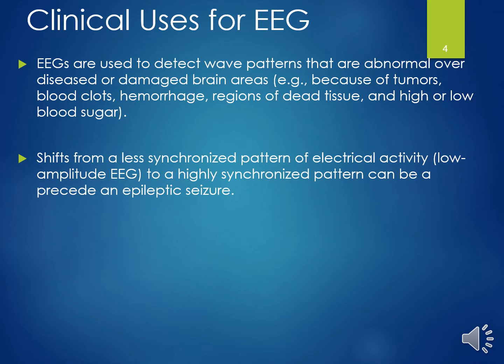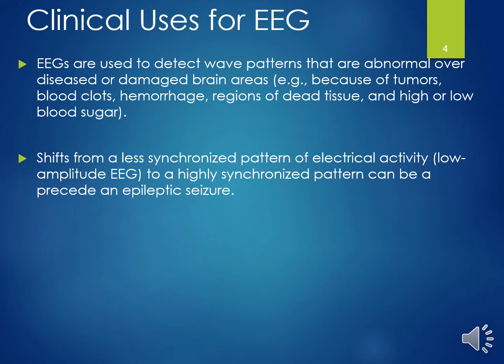We could look at regions of dead tissue or high or low blood sugar, so it could be used to determine if someone is getting enough sugar to their brain or not. So we can use this in a variety of areas in the brain to help us determine where the blood clot is located, where the hemorrhage is located, where the dead tissue is located, and so on.